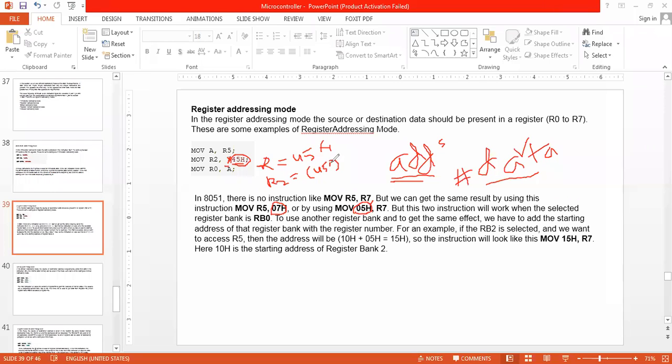Now 45H is considered as an address, not the data. So whatever data is present in 45H will be stored into the R2 register for this instruction. Is it understood, the difference between the data and the address?